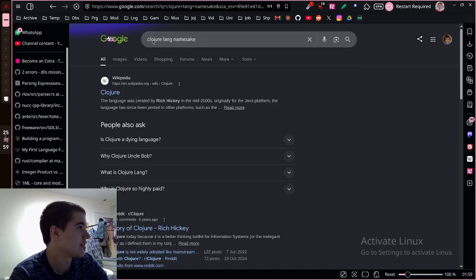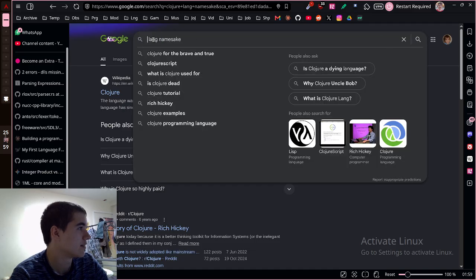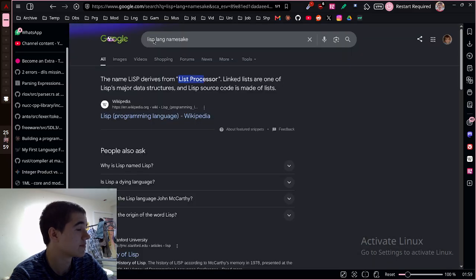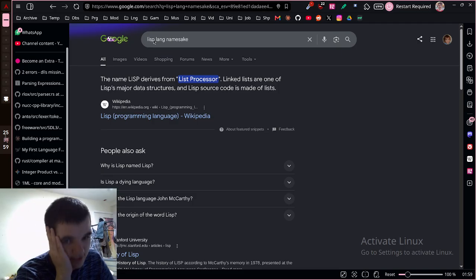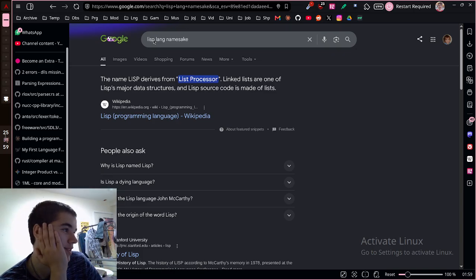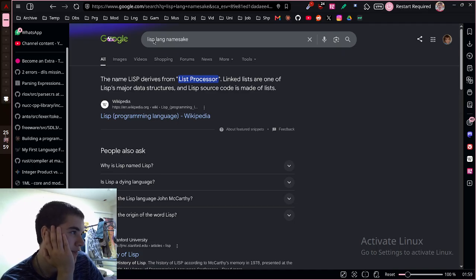Okay. Clojure. Lisp. List processor. Yeah, I did actually know that. I forgot about that. Because everything's a list, right? I mean, that is very fitting, to be fair.